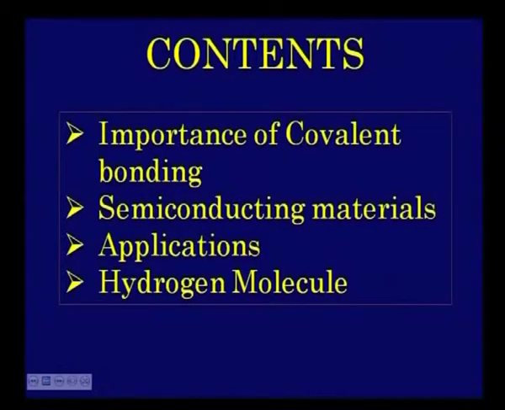So, let me go through the contents of today's lecture. Importance of covalent bonding, semiconducting materials, what are the materials which are used for semiconductors, and their applications, and the hydrogen molecule. That is the simplest example that one can think of for covalent bonding.